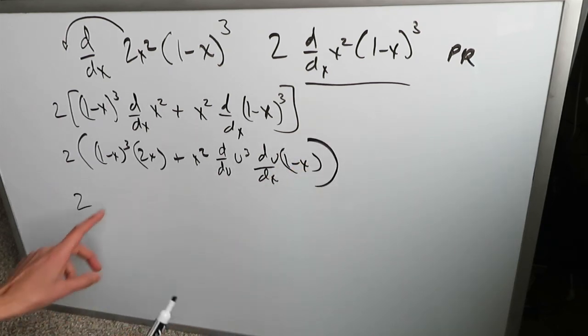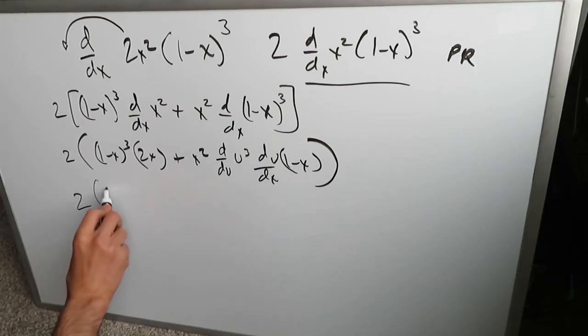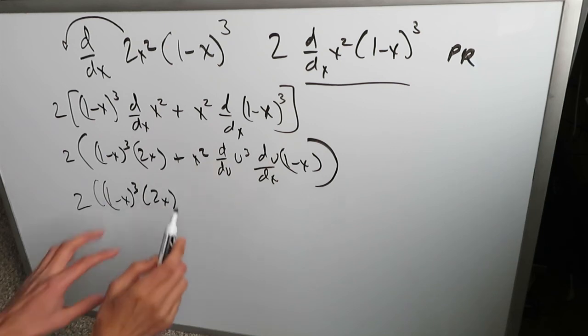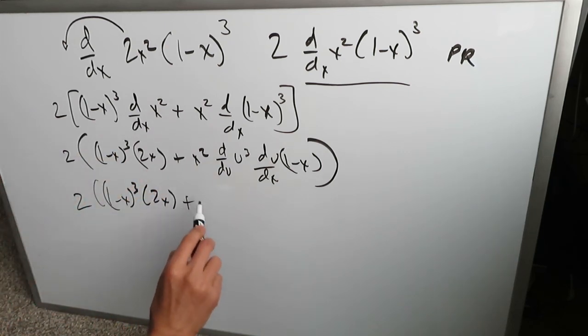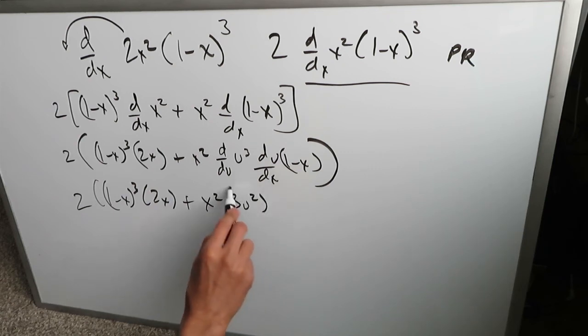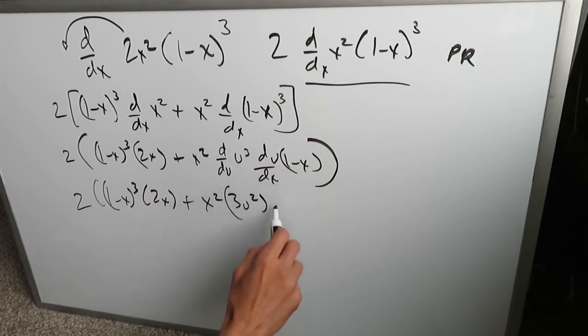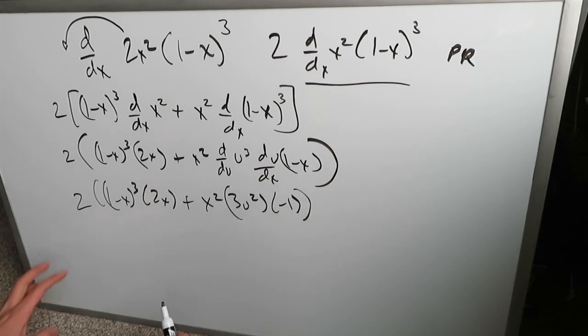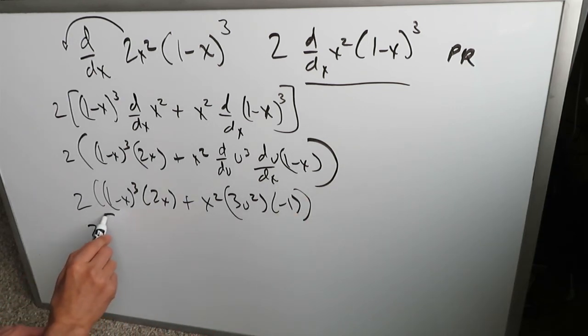Let's take this to the next step. You'll have 1 minus x whole cube multiplying this 2x, nothing has to be done there because the derivative is already done, plus x squared times 3u squared times the derivative of 1 minus x, which is just a minus 1. All we have to do is combine terms.